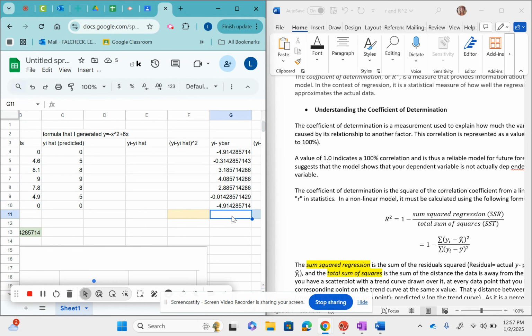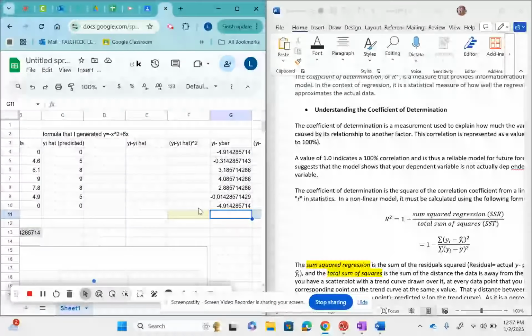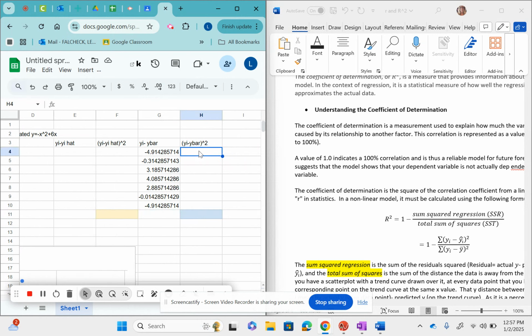So now what I'm going to do is square all these differences, so I'm going to have this times itself.